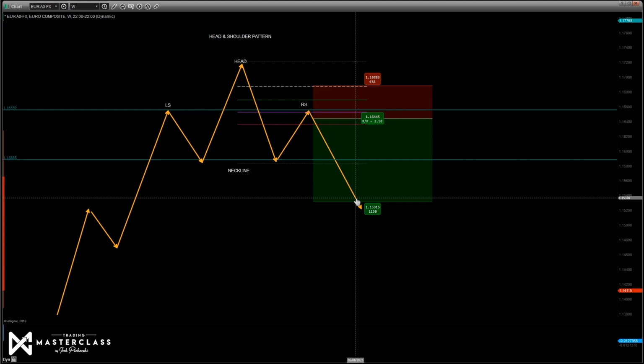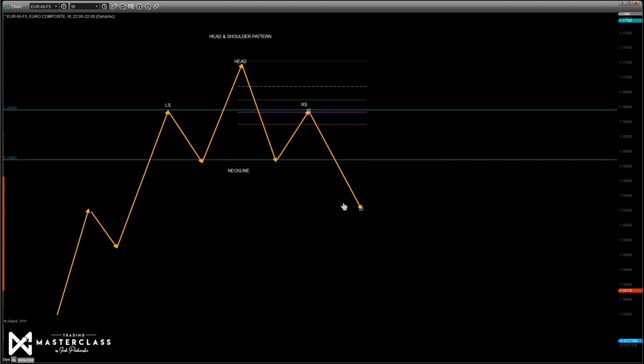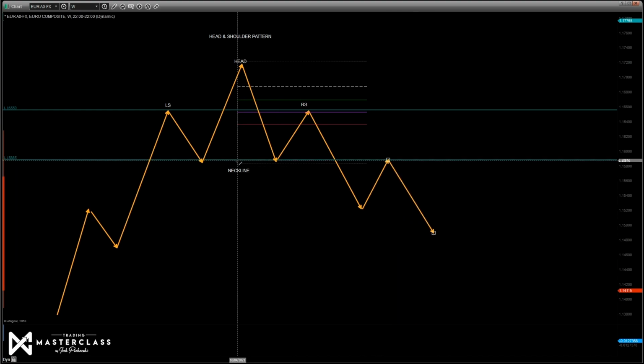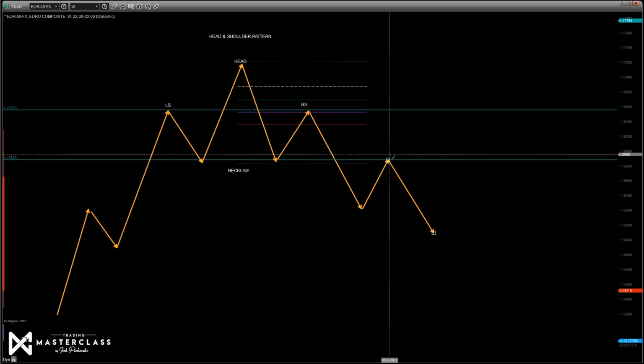A little bit more aggressive. The second option is less aggressive, and that is to wait for the retest of the neckline. Okay, break and retest. What was once support becomes resistance. Remember that? What was once support, break, retest, resistance, and now this is your entry right there.